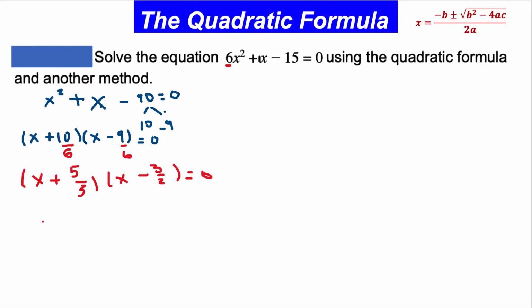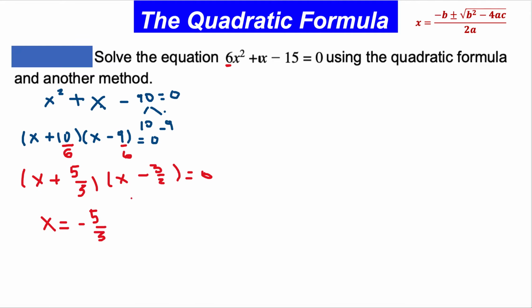I'm taking a shortcut, because I have to equate x plus 5 over 3 equal to 0 and solve for x. But as a shortcut, because it is positive here, I take negative 5 over 3 on the other side, in one simple step.